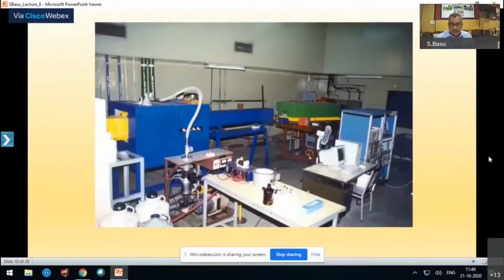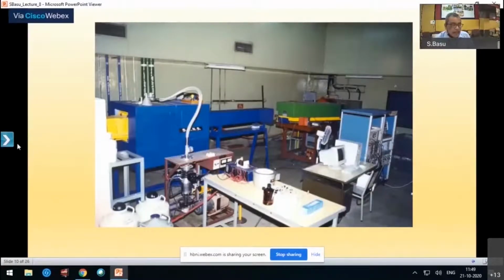First, the most popular technique possibly today, next to magnetic crystallography, is small angle neutron scattering. What I show here is the small angle neutron scattering machine at Dhruva on the guide.